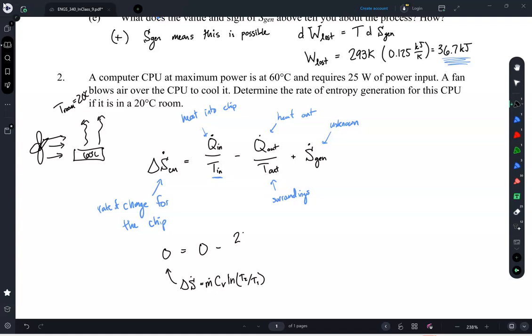We do have 25 watts of heat going out of the system, and it's going out to 20 degrees C or 293 Kelvin. So what we end up with is S gen dot, the rate of entropy generation, is 25 watts divided by 293 Kelvin, which is 0.085 watts per Kelvin.